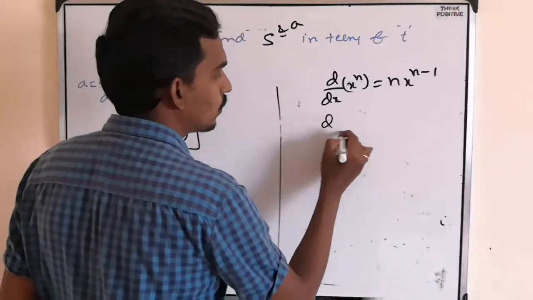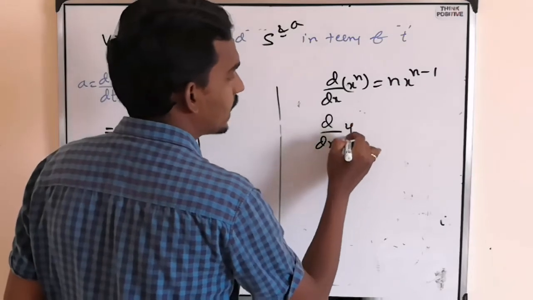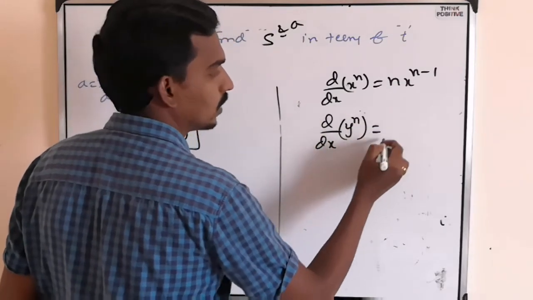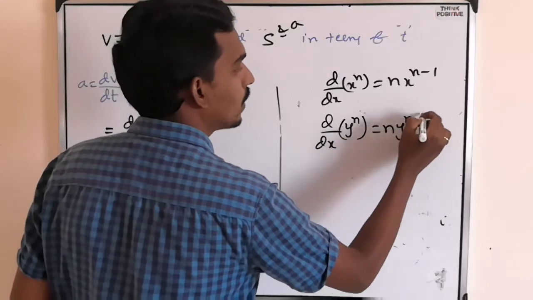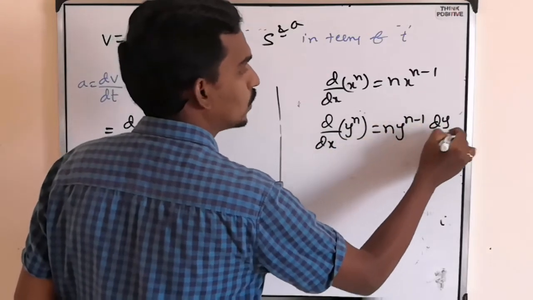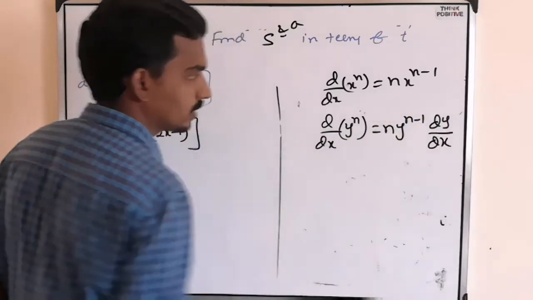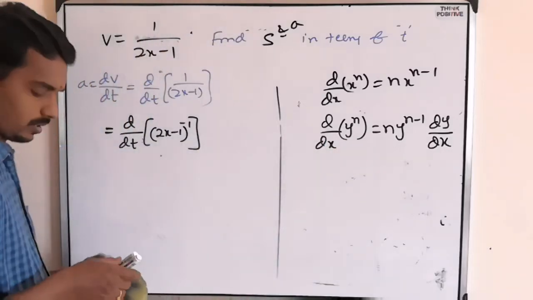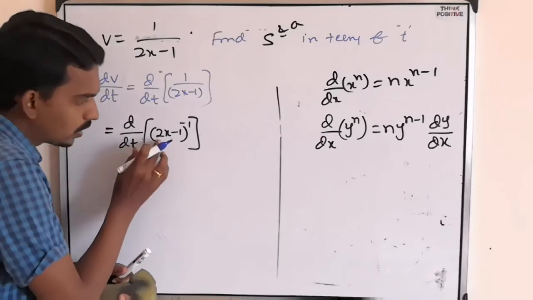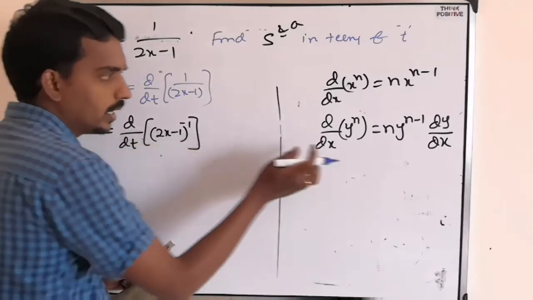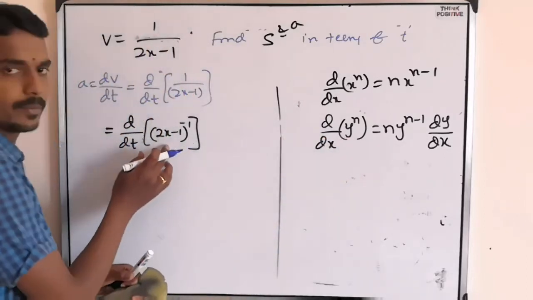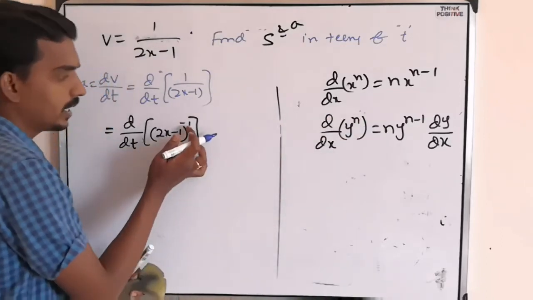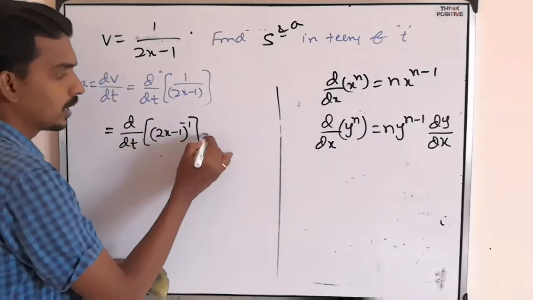Then I gave one more formula that d by dx of y power n equal to n into y power n minus 1 into dy by dx. Now if you compare this with this, here 2x minus 1 is in place of y, and power n is minus 1. Then what will you write?